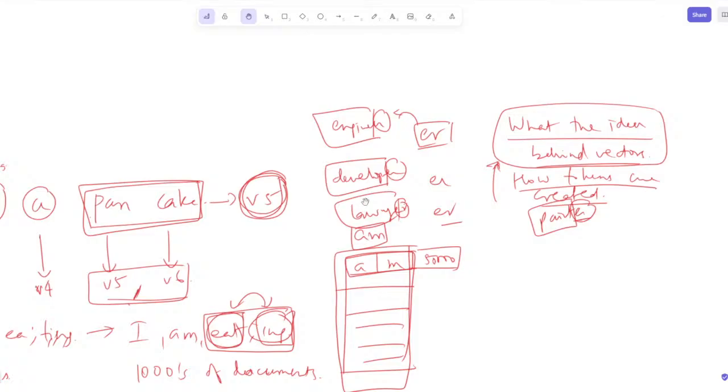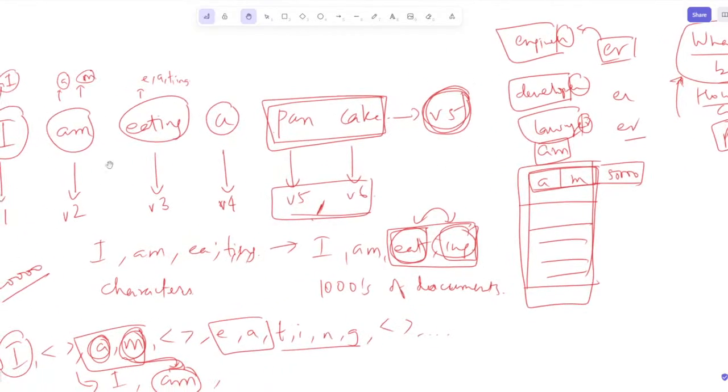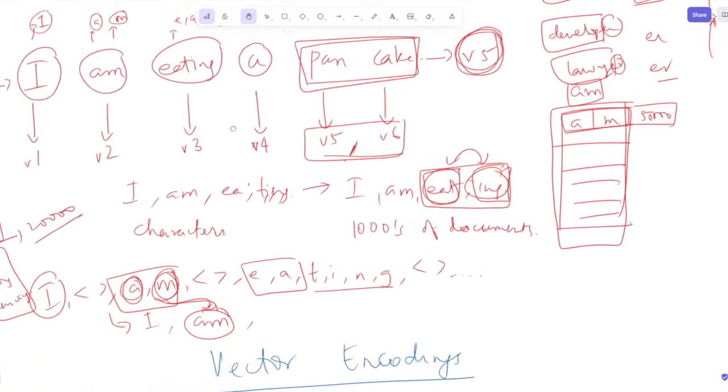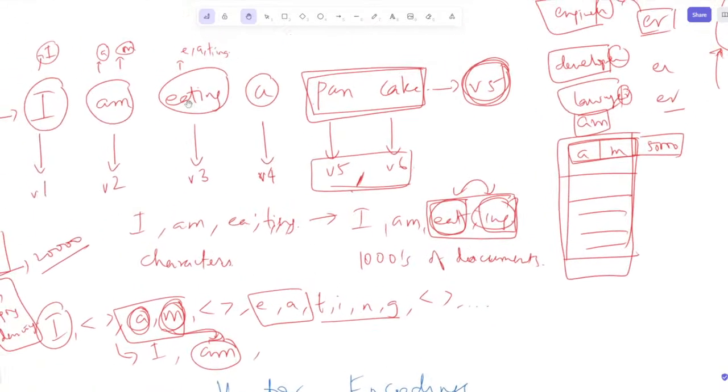So this avoids an explosion of words in our input sequence. Yeah. So is this making sense? This is the reason why we have tokens not just as pure words, not space separated characters, but as most commonly occurring substrings.